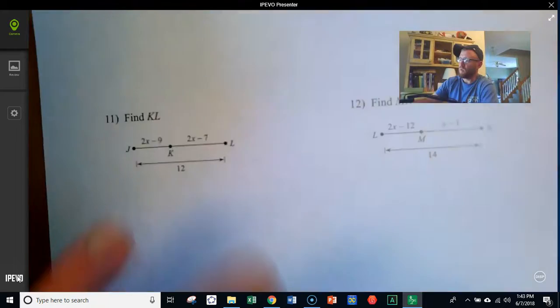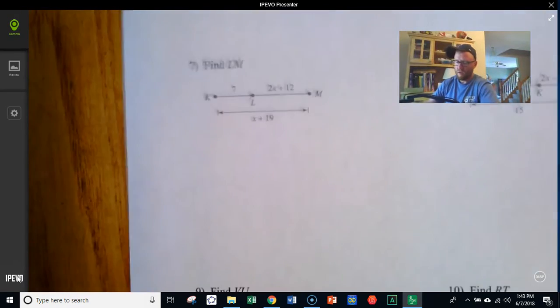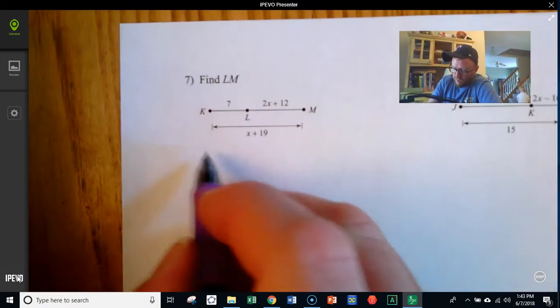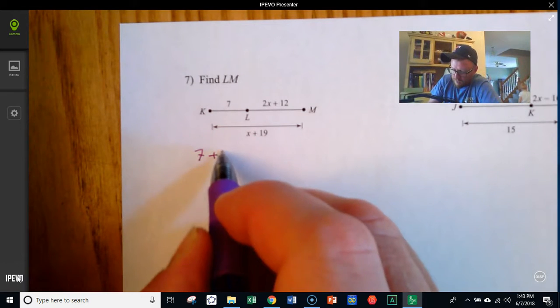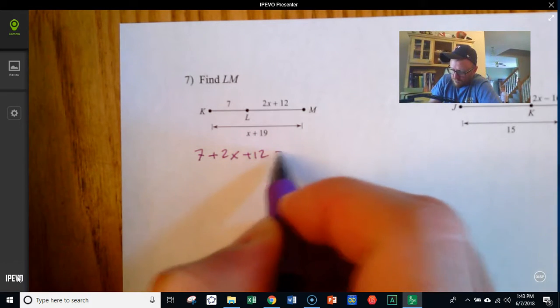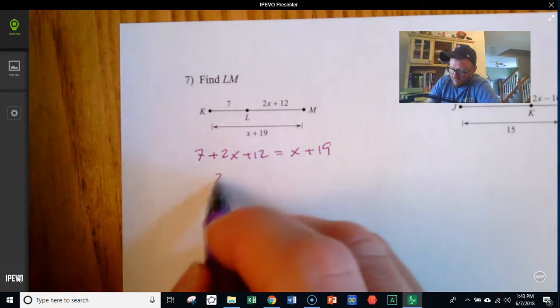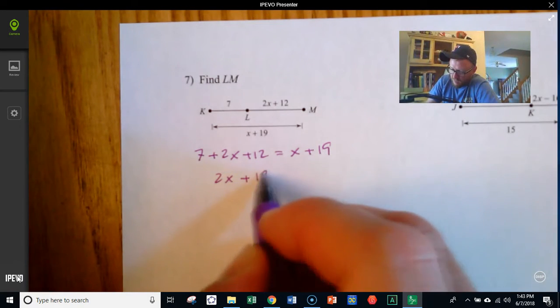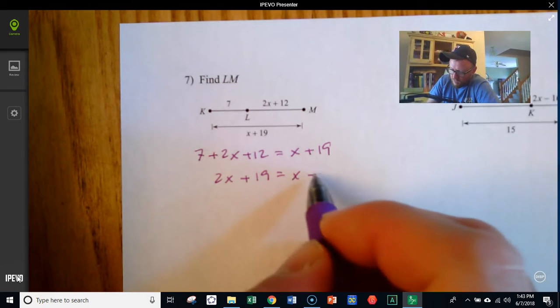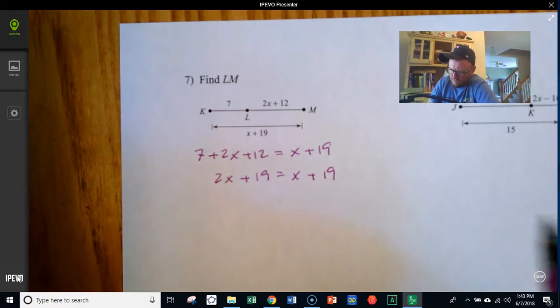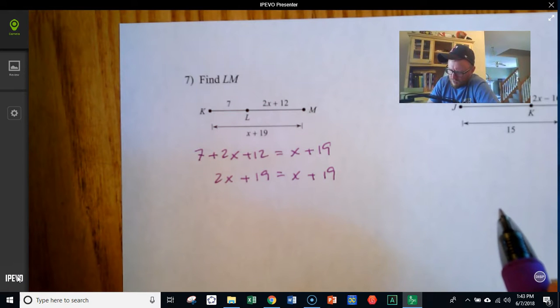Alright, let's take a look at some more here. Here we have 7 plus 2x plus 12 equals x plus 19. See, we've got 2x plus 19 equals x plus 19.